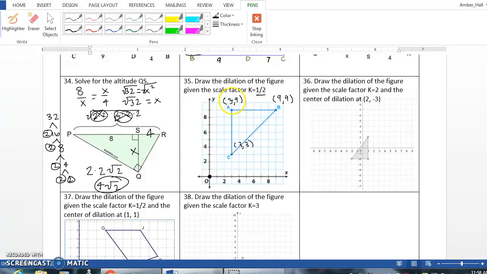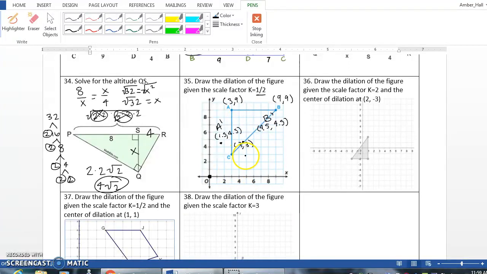So 1/2 of 3 is 1.5, 1/2 of 9 is 4.5. So it'll be at 1.5 and 4.5. 1/2 of 9 is 4.5, and then 4.5, so this will be A prime, B prime, 4.5, 4.5, which is right here.